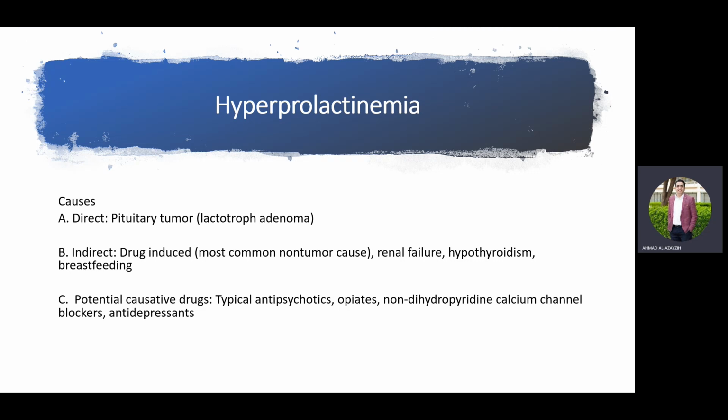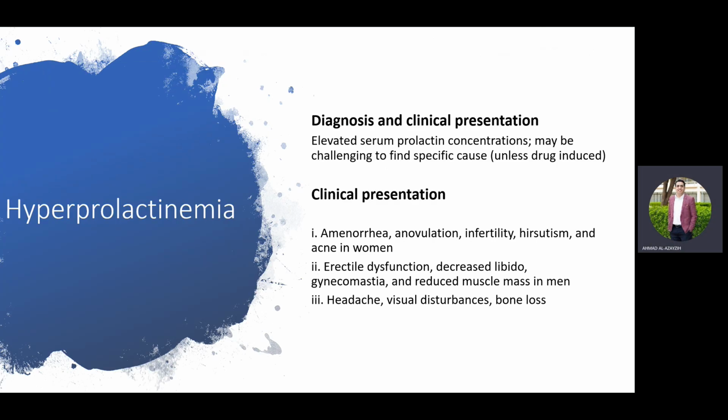Indirectly, renal failure could also be a kind of feedback mechanism. Hypothyroidism and breastfeeding could lead to hyperprolactinemia. Actually, breastfeeding does lead to hyperprolactinemia because the main purpose of the prolactin hormone is to increase the level of milk production in lactating women.